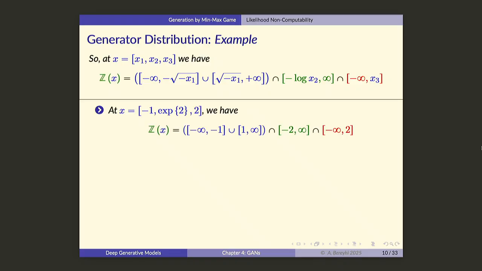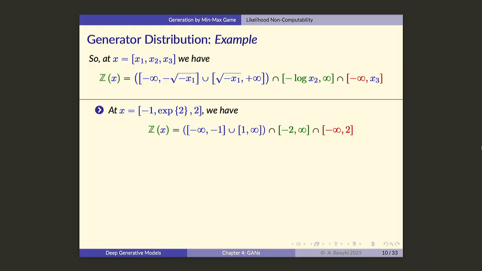So say that my x is this one: minus 1, x of 2, and 2. If you put it inside that expression I found, x1 is minus 1, so it's going to be minus infinity to minus 1 and 1 to plus infinity. This is exactly what I showed you here. So here the value is 1 and minus 1.